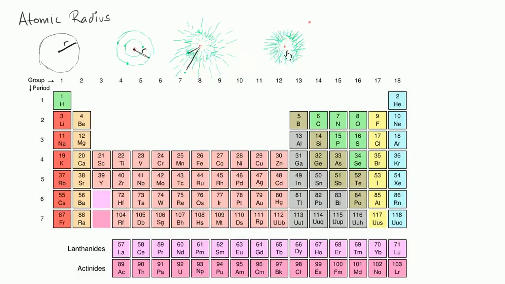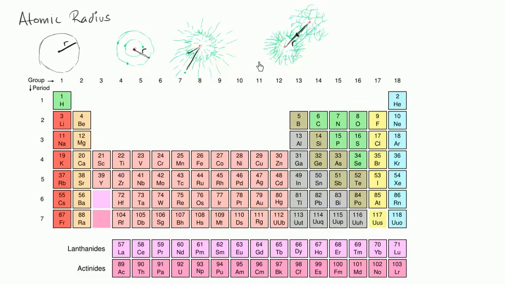So let's say that's one of them, and then this is the other one right over here. And if you could figure out that minimum distance, without some type of strong influence happening here, and then you could take half of that. So that's one notion, and that's actually called the van der Waals radius.